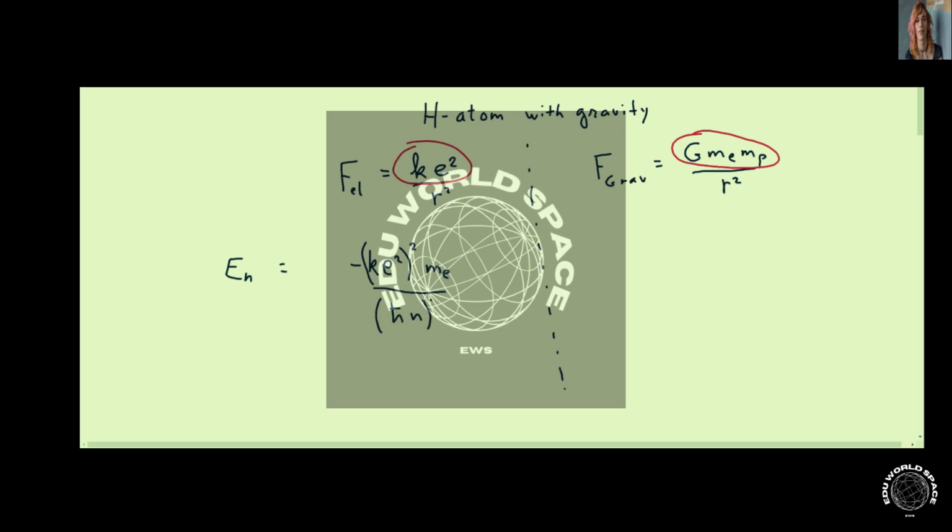The rest of the constants there do not care whether it's gravity or electricity. So let's take that relationship and simply replace that electrical cluster with a gravitational cluster. It's still an attractive force, and we should have bound states.